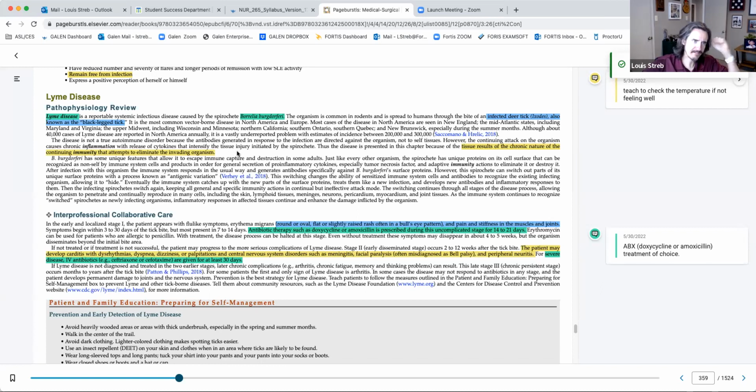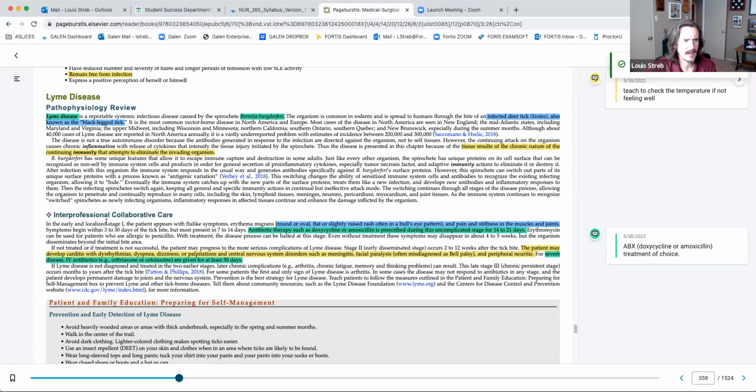So it's trying to fight off Lyme disease. Your body gets Lyme disease, your body's trying to fight it off. It just can't. So you have this chronic nature where your body's continuing this immune response, this inflammatory response. And that's why it's kind of classified as an autoimmune disorder, even though it's not truly an autoimmune disorder. It just causes that continual inflammatory immune response.